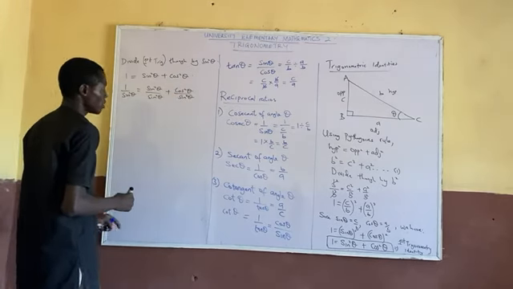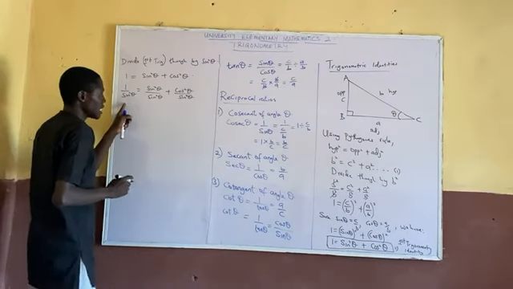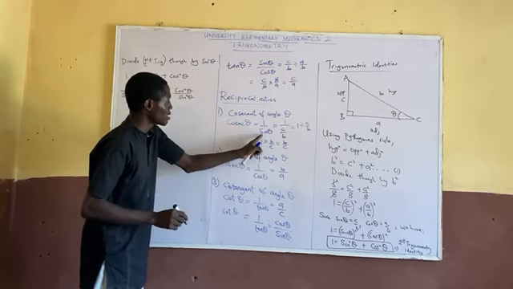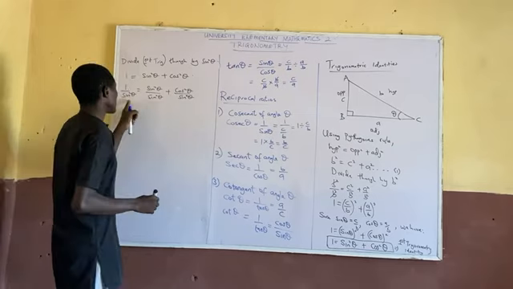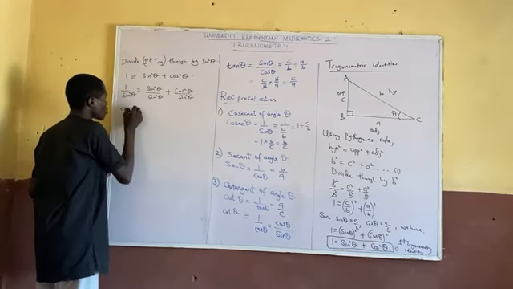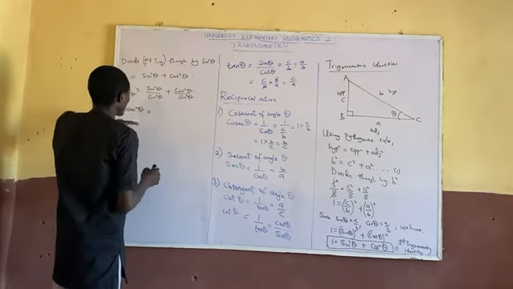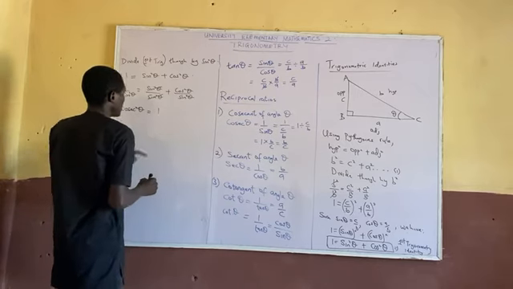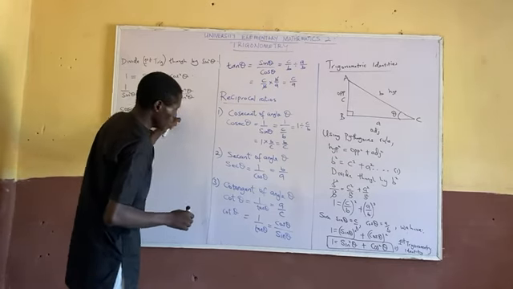Remember, we have made the point that whenever we have 1 over sine theta, we have cosec theta. So this 1 over sine square theta will become cosec square theta, equal to sine square theta over sine square theta, which cancels out to give 1, plus cos square theta over sine square theta.